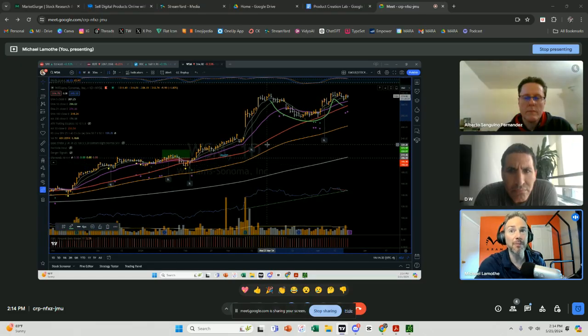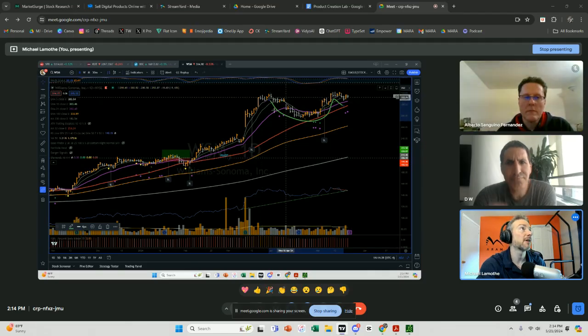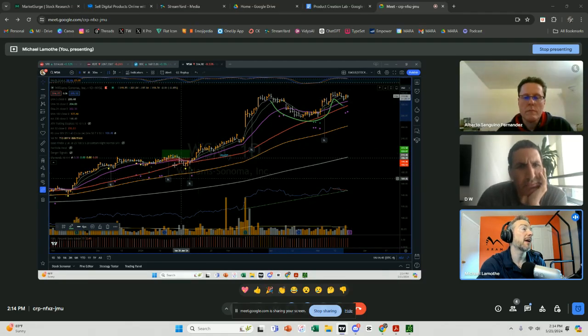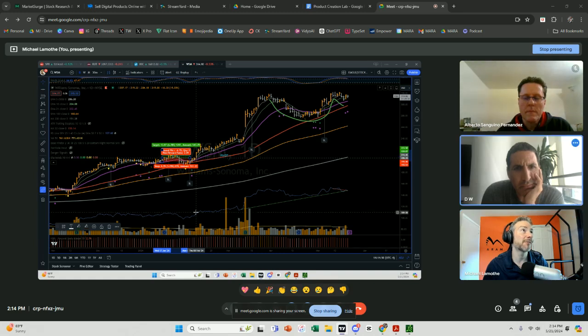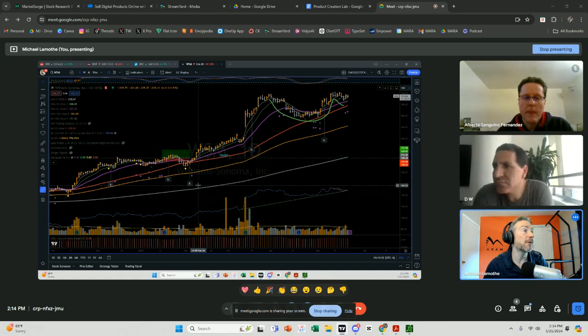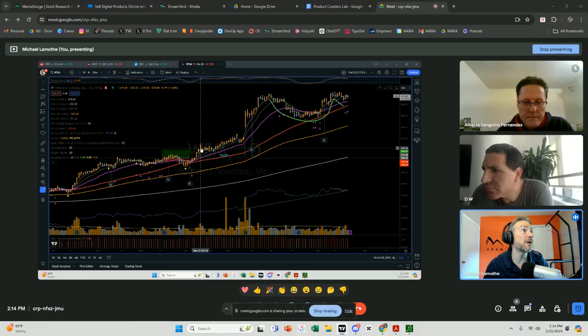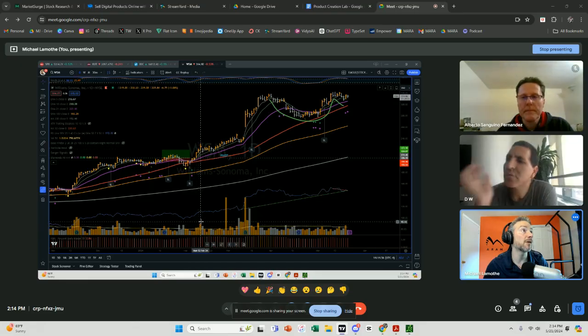So if we zoom out a bit, you can already see that price has run a good long way here, right? And this latest run really starts right here, early February, and you can see how when price is moving up, volume is increasing.